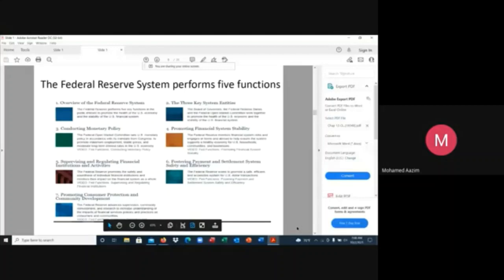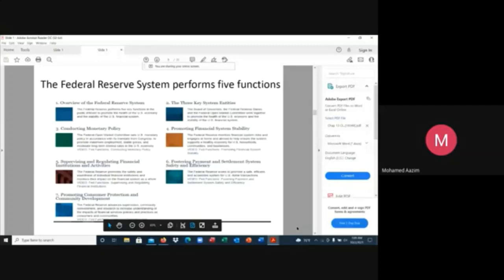We will have a separate lecture for monetary policy tools and monetary policy strategies, where we will discuss it in greater detail. But for the time being, take note that the FOMC sets US monetary policy in accordance with its mandate. That is the legislative power given to the Federal Reserve by the US Congress, as I said, to promote maximum employment.